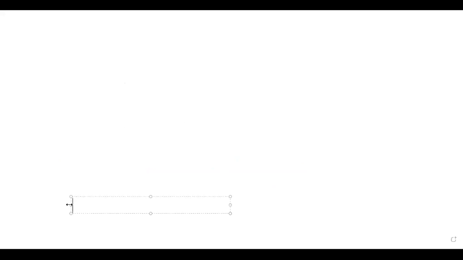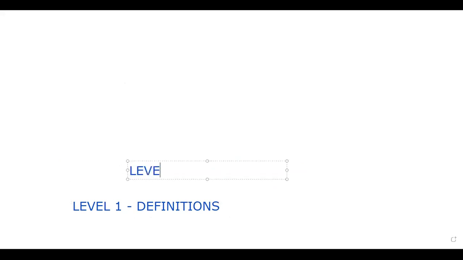We first of all have what I would call level one, and these are strictly definitions. Then we have level two, and level two, I would say, is more process order type questions.